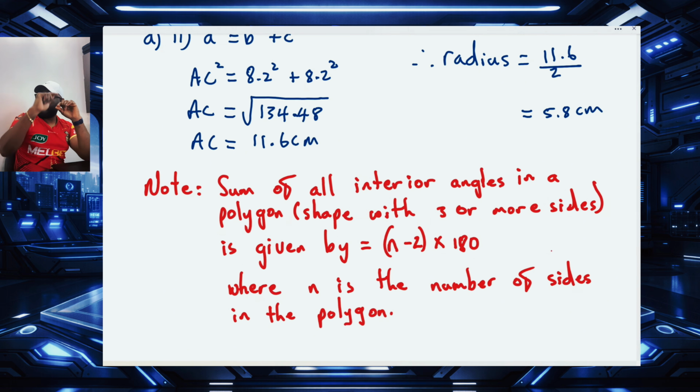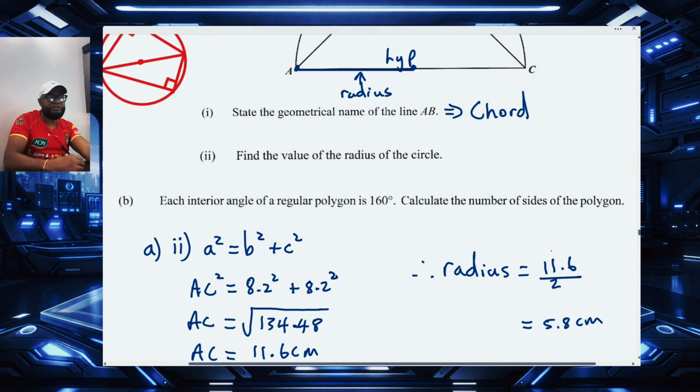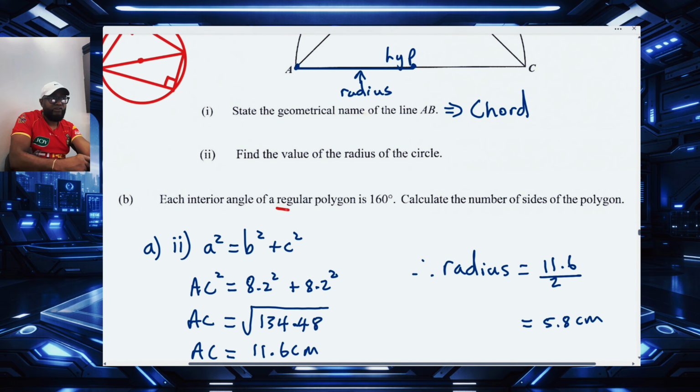So when you add up all the angles in a regular, well, any polygon, you will use this formula to get the sum of all the angles, right? This is the sum of all angles formula, interior angles, so meaning inside the polygon. Now there's a very powerful word that CXC loves to use, right? Regular.